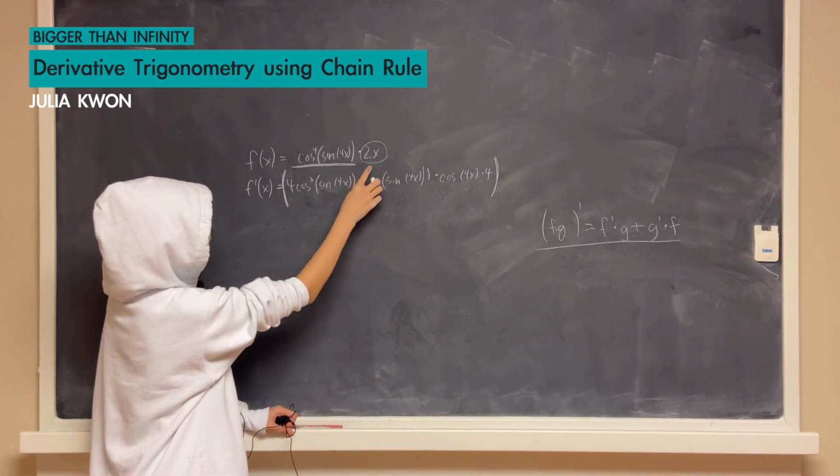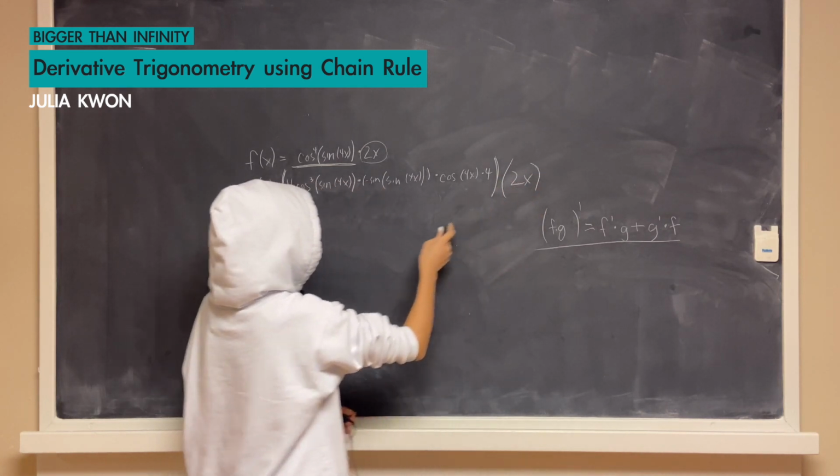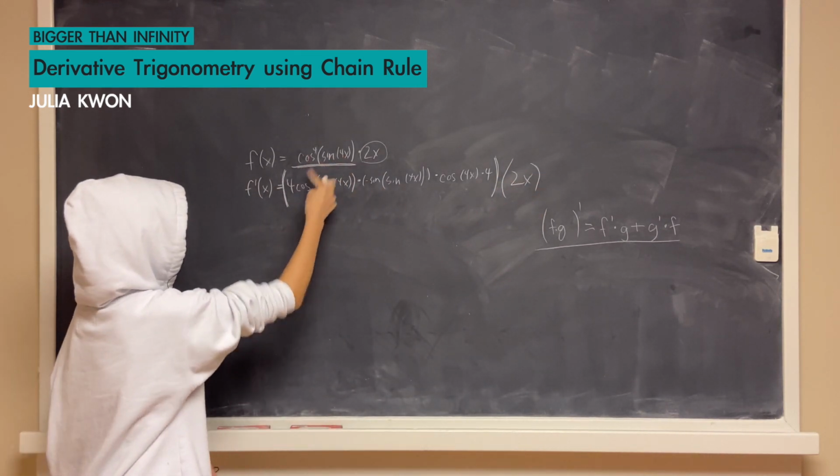We're not going to derive the 2x, we're just going to multiply it with the derivative of the first part.